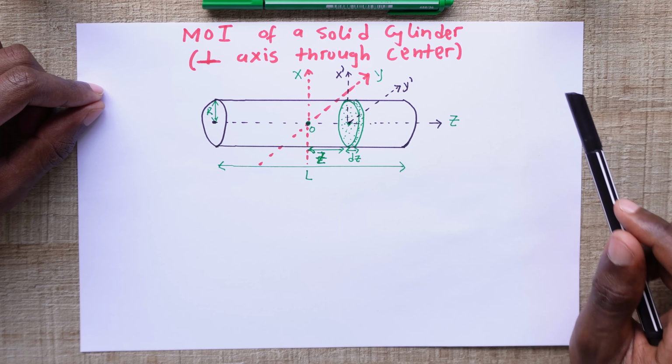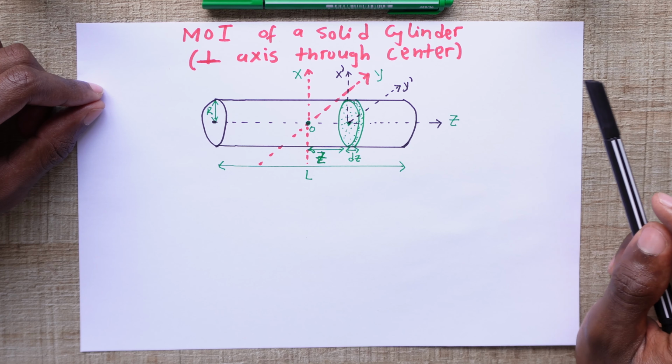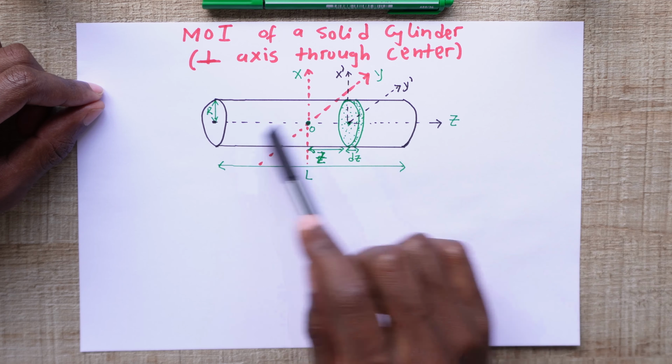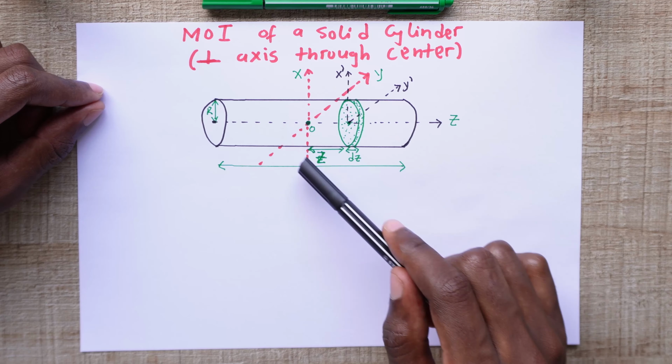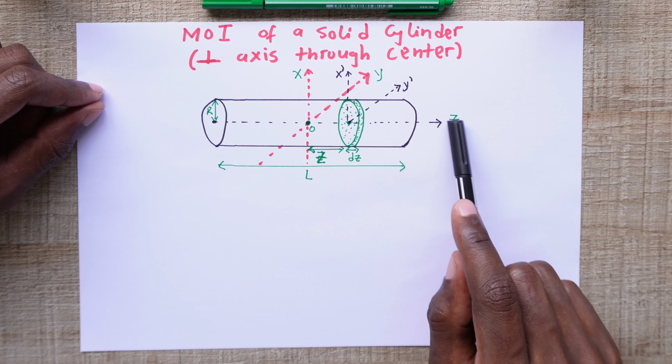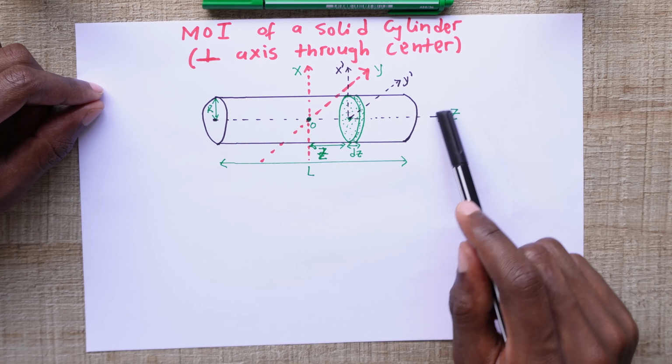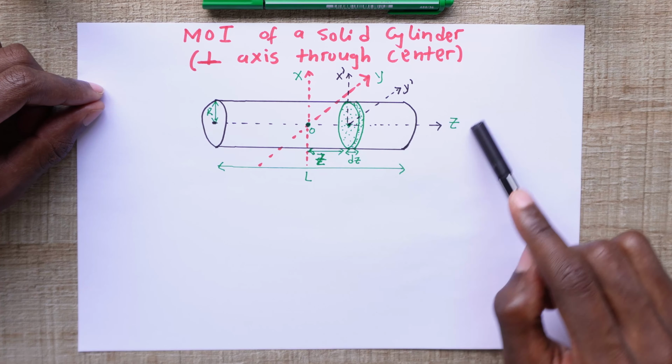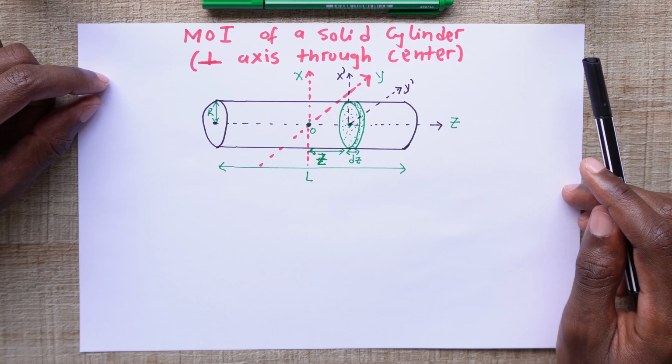And due to the cylindrical symmetry of the cylinder, Ix is going to be equal to Iy actually. So we are going to make use of the result we got in the previous video, Iz, to do our calculations.